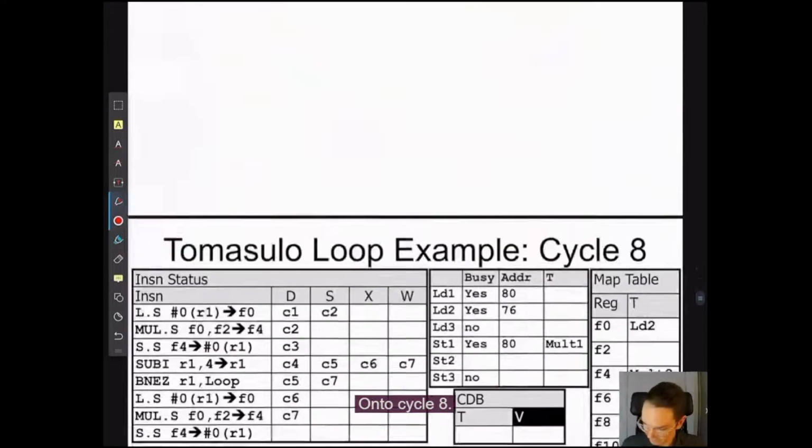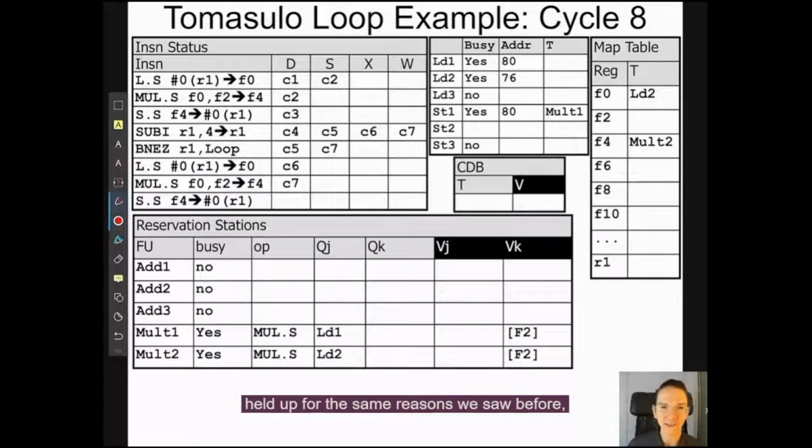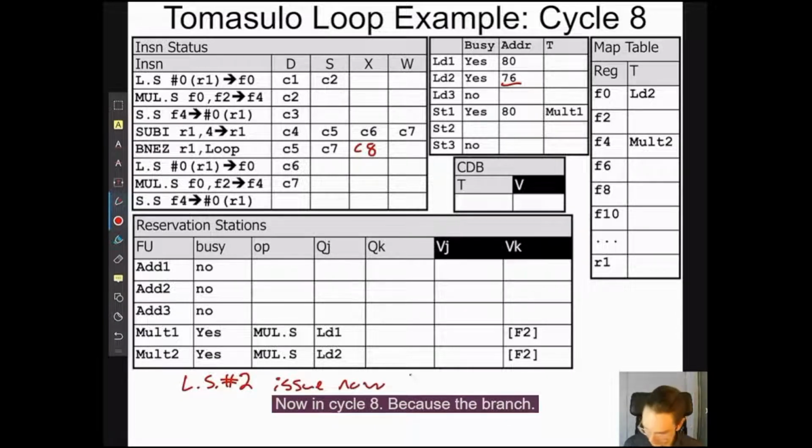On to cycle 8. Those first 3 instructions are still held up for the same reasons we saw before, but that branch issued last cycle, so it starts and finishes its execution in cycle 8. And as we saw in cycle 7, the load's operand is ready. We're only waiting on that branch instruction, and so this second load instruction, it can issue now in cycle 8 because the branch is resolved in the execute stage.